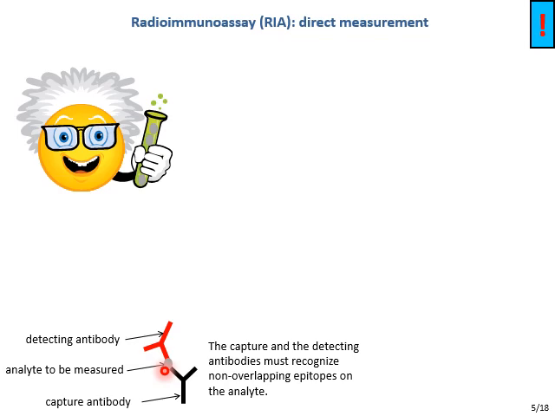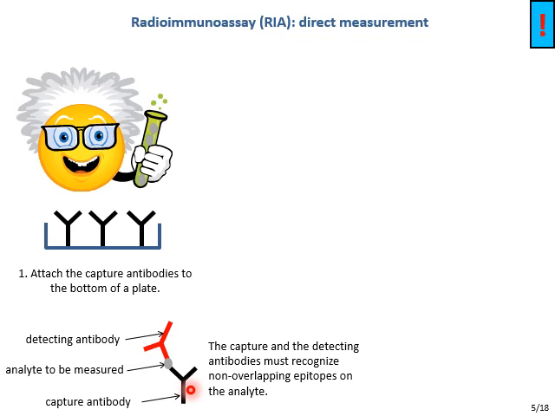So they must recognize non-overlapping parts of the analyte so that they can bind simultaneously to the growth hormone. In this figure, red antibodies will be radioactively labeled, whereas this black antibody is not radioactively labeled.